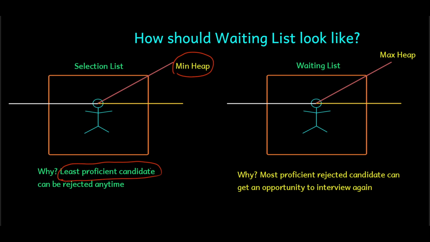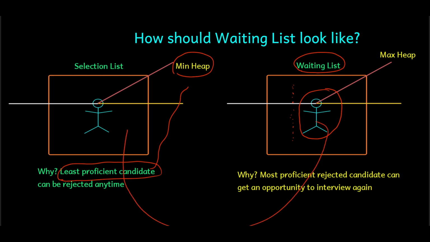That is why we had maintained a min heap. But why do we need to maintain the waiting list as a max heap? It is because in the waiting list, the candidate with the highest skill is the most knowledgeable person, right? So that candidate will get the first opportunity to interview again and then land into this selected list.